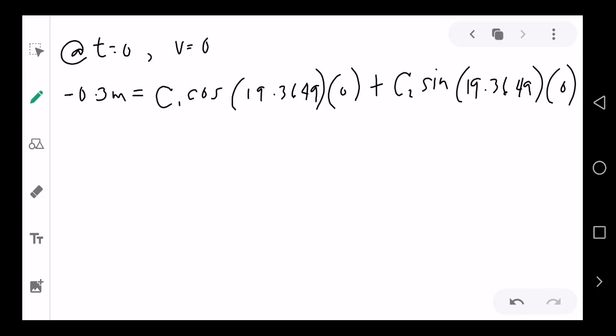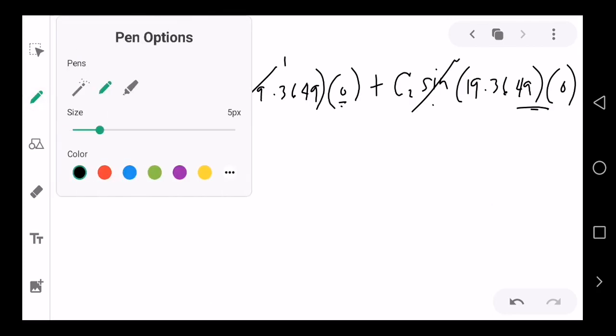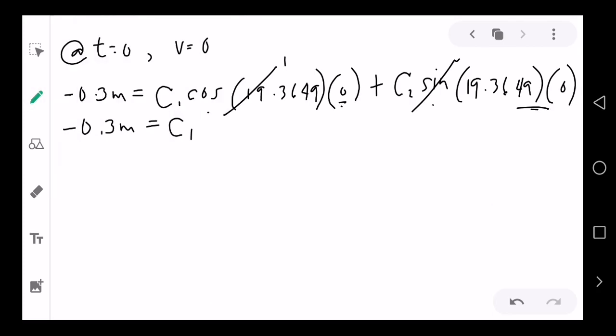Of course, sine of 0 would be equal to 0, and cosine of 0 would be equal to 1. So, therefore, negative 0.3 meters is equal to C1. Okay?